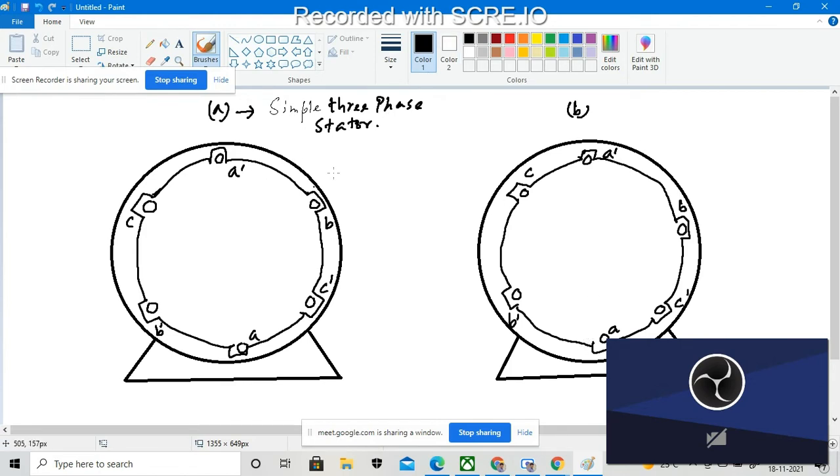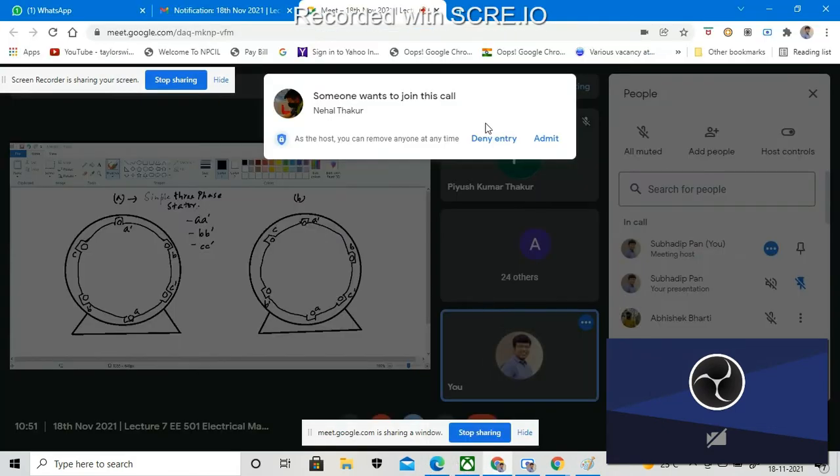We have A dash coil, we have B dash coil, we have C dash coil. So we are considering a three-phase coil, right? In this case, we have to assume that the currents in the three-phase coils are given by the following equations. So each and every winding has a current that will flow.